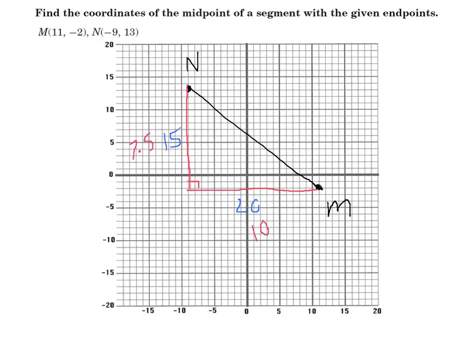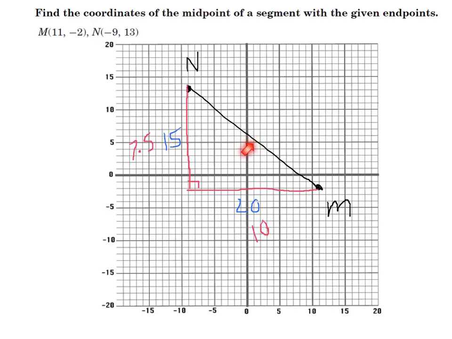So starting at N, I'm going to move down 7.5 and to the right 10, and that should put me right at my midpoint. And if I do that, down 7.5 would put me at 5.5, and then over 10 will put me at 1.